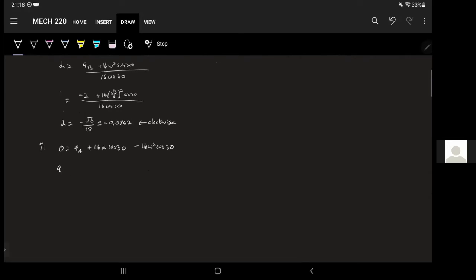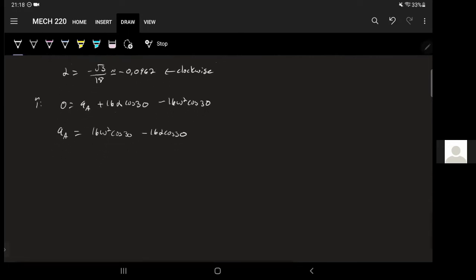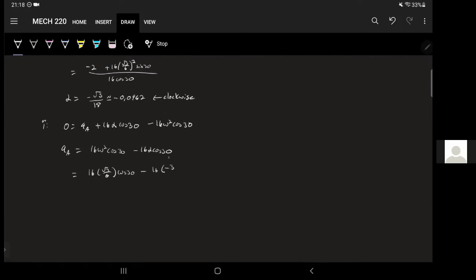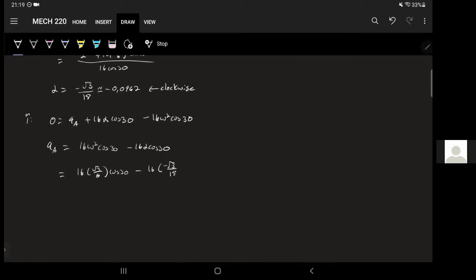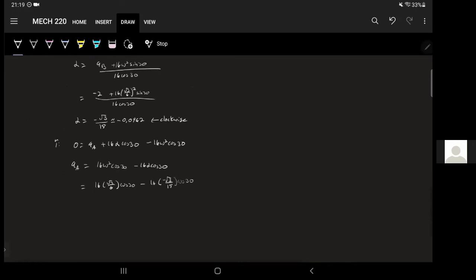Similarly, now I can do AA is going to be equal to 16 omega squared cos 30 minus 16 alpha cos 30. We know this to be square root of 3 over 6. 16 alpha we just found before, which was minus square root of 3 over 18, cos 30.